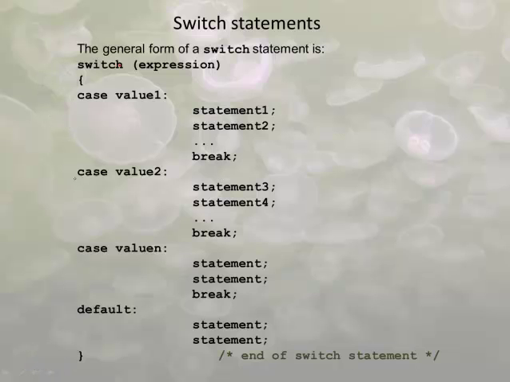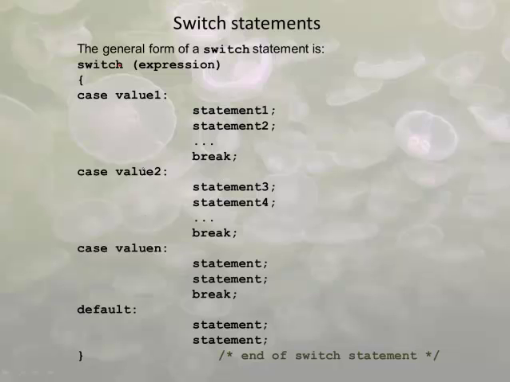Case is a reserved word, and so is default. The syntax for this is very different. Instead of having many if-else statements, it's a more organized way of making code where you have a lot of decisions. This will be some kind of numeric value or character value.